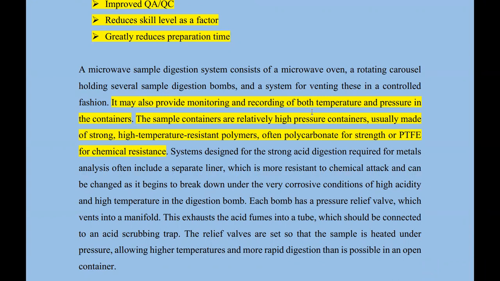But here, you are able to provide constant monitoring of the pressure as well as the temperature. The sample containers are relatively high pressure containers, usually made of very strong, high temperature resistant polymers, as well as being resistant to chemicals. It's something that I had mentioned even earlier.